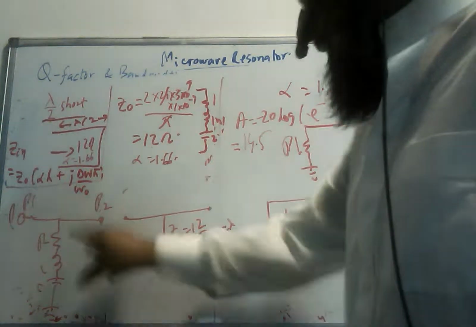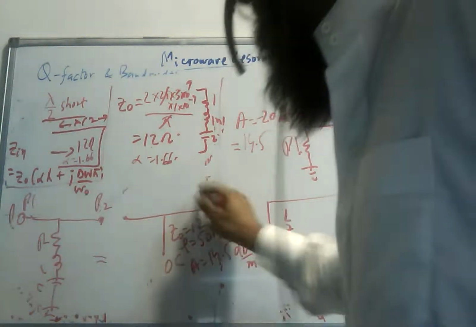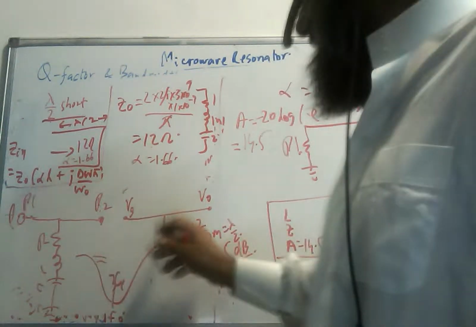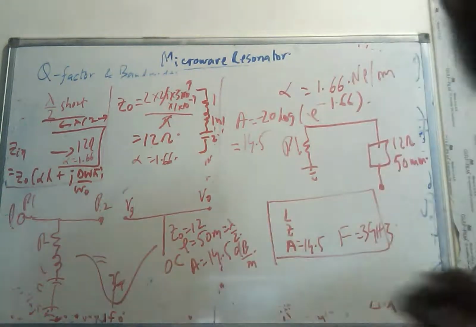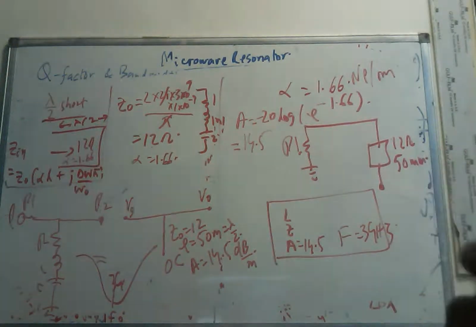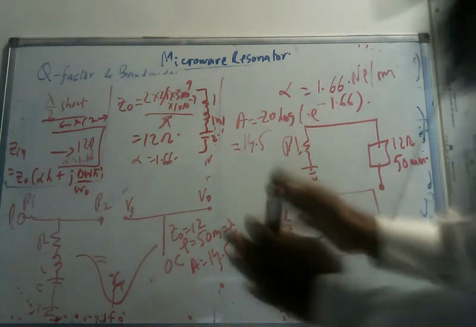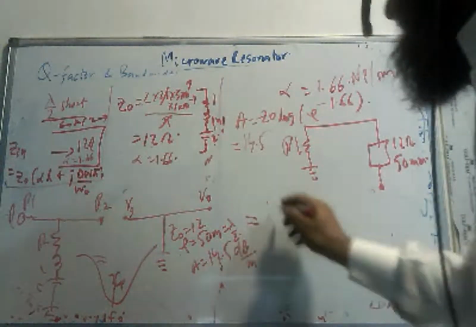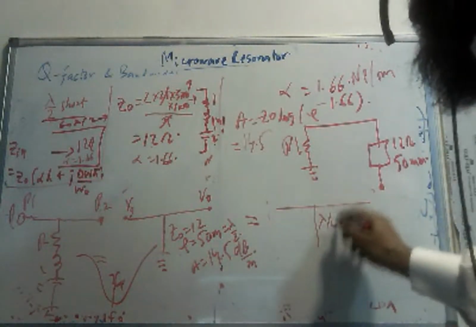So when the output of this, the V naught, and if I put this, it will look exactly the same. You can just prove it by putting in the transmission line. And this is also lambda by 2. But this is equal to an open circuit lambda by 4.